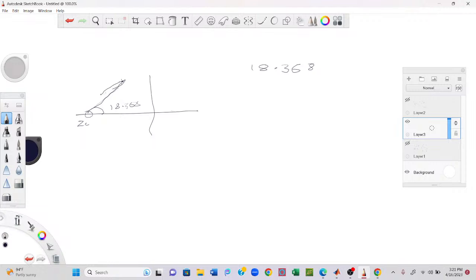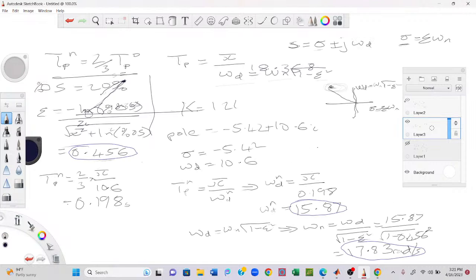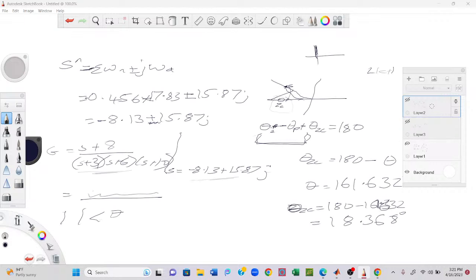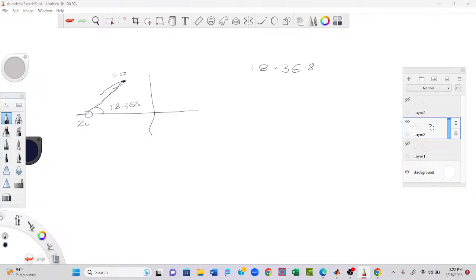But you don't know the position of that zero. So Z2. And we know this point. This point is S equal to, what was it? S is equal to negative 8.13 plus 15.7j.